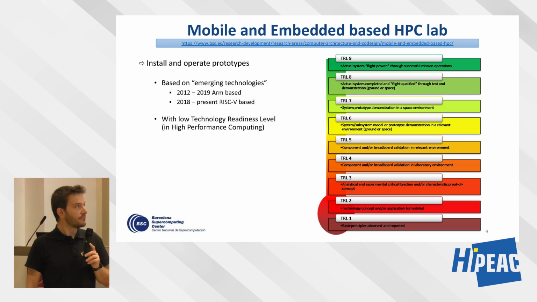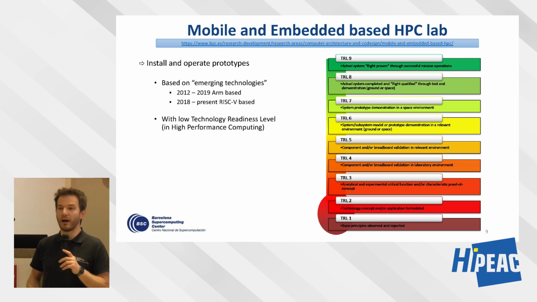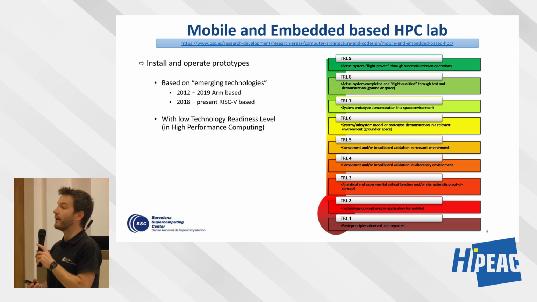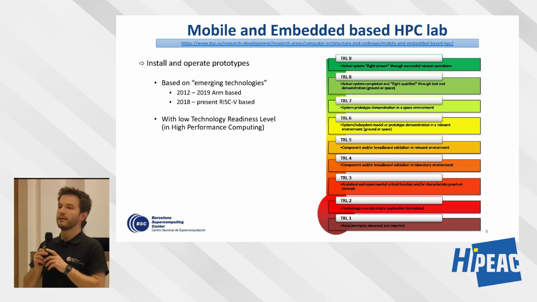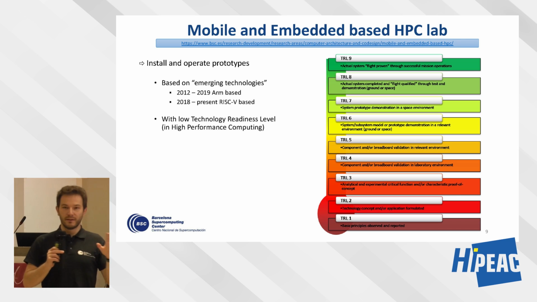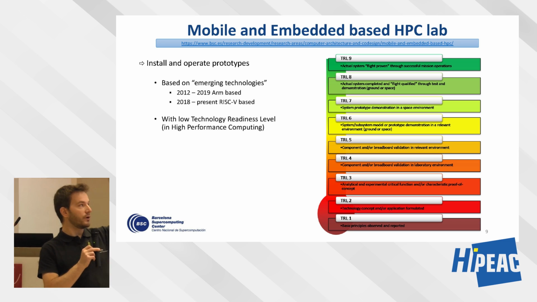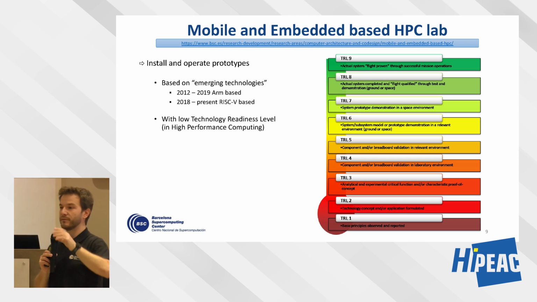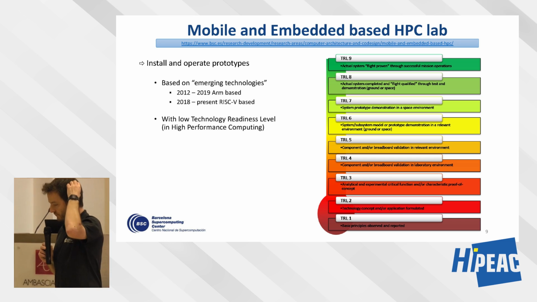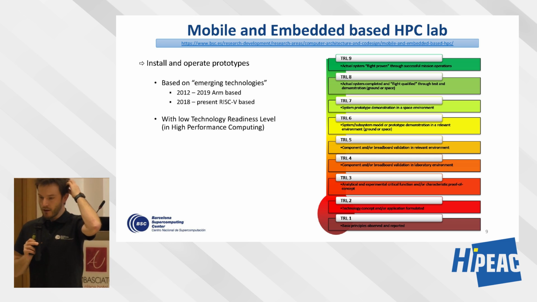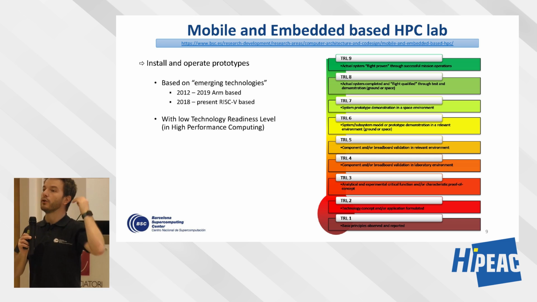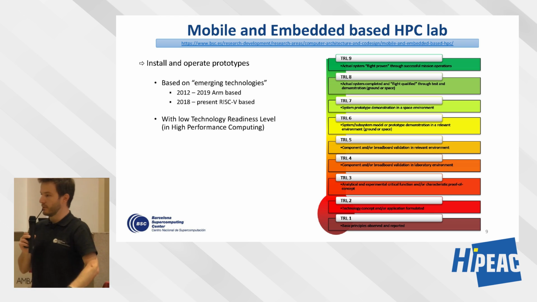Okay, now I wanted to introduce, so how many of you are familiar with the TRL concept? Okay. This is important because I think it gives you the level of maturity of the technology in which you are working on, okay?